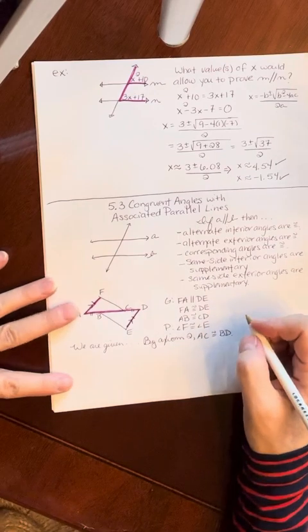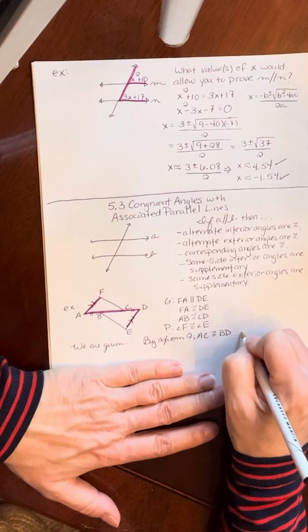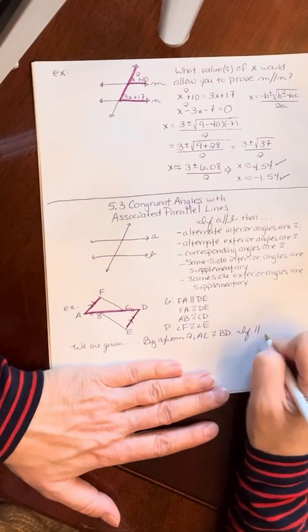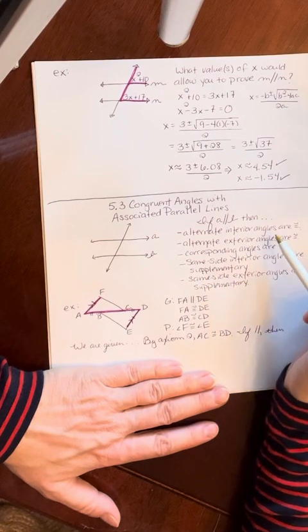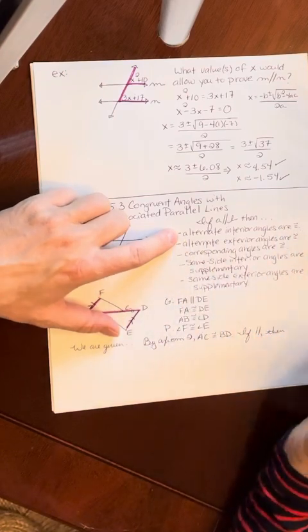All right, so if lines are parallel, then, we'll use our little notes up here, in this case, the alternate interior angles are what we want.